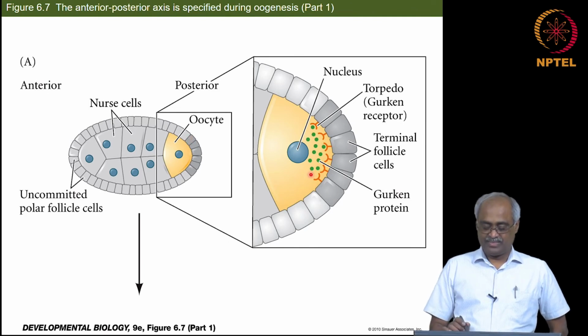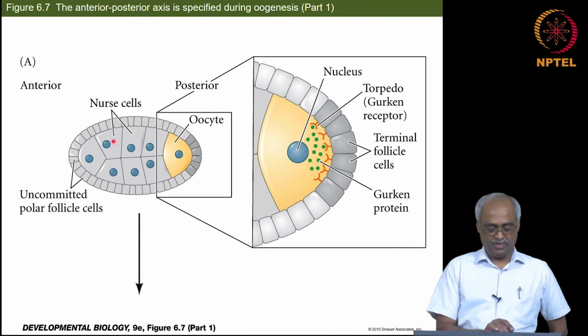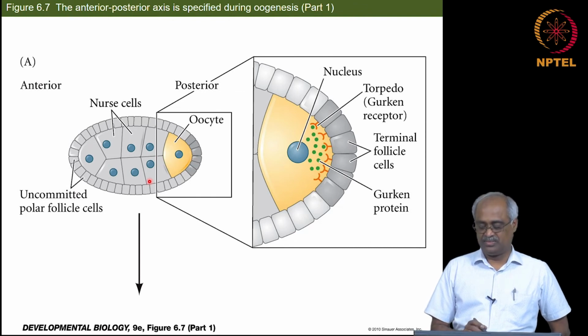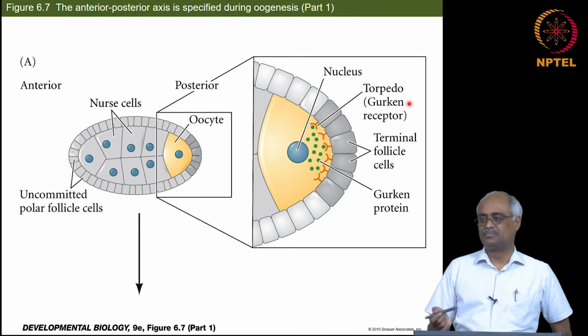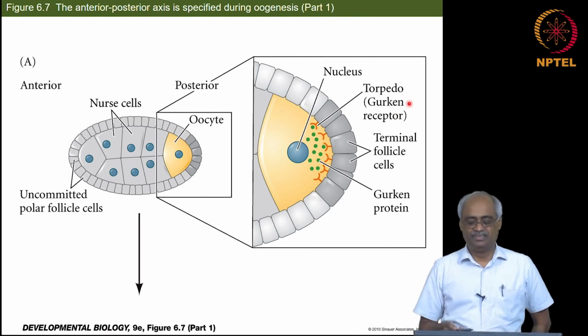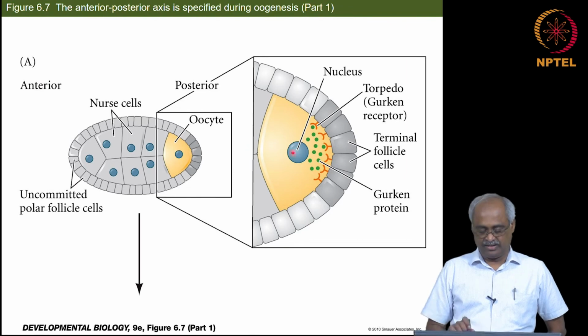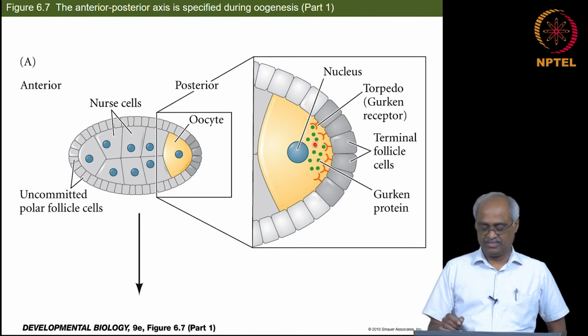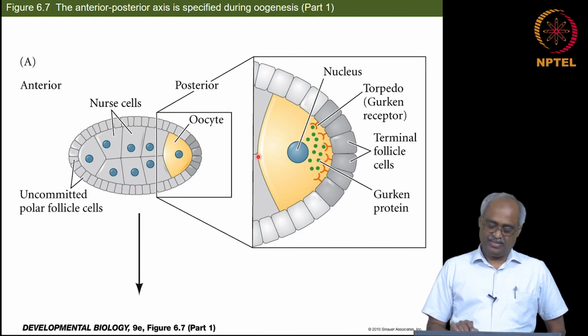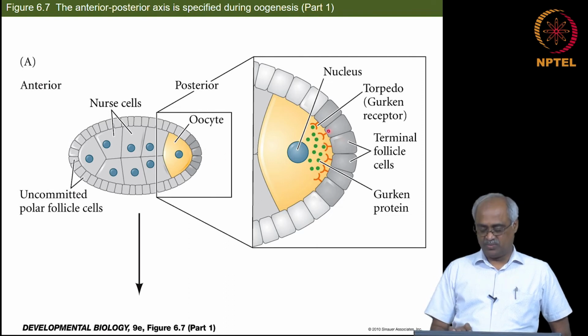It so happens that among all these outputs coming from the nurse cells, one of them is gurken mRNA. This gurken mRNA gets transported into the oocyte and ends up localizing between the oocyte nucleus and these follicle cells. The red dots are not the mRNA, that is the protein. So, the gurken mRNA gets put in this region.